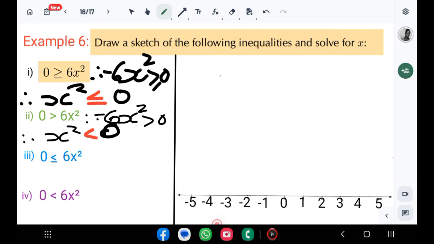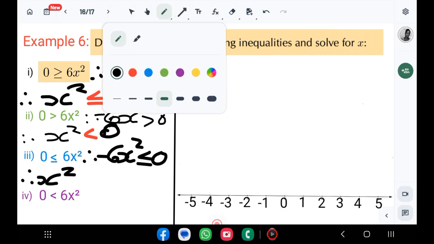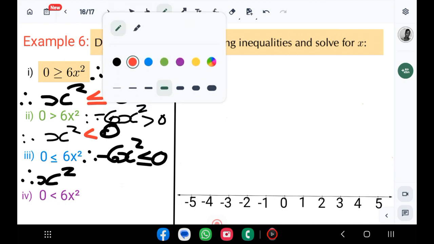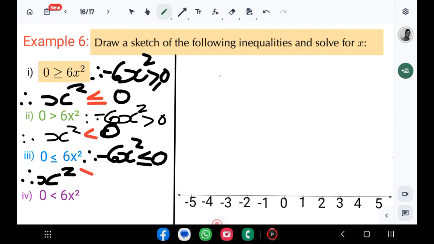Now the third one, similar story. Take everything to the left-hand side, so that becomes minus 6x squared is less than or equal to 0. Now divide both sides by negative 6. When you divide or multiply by a negative in an inequality, the inequality changes. So x squared, instead of less than or equal to, becomes greater than or equal to 0.